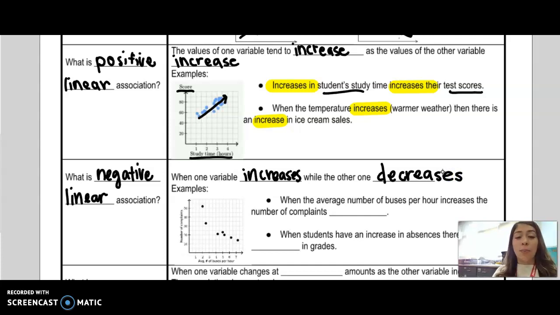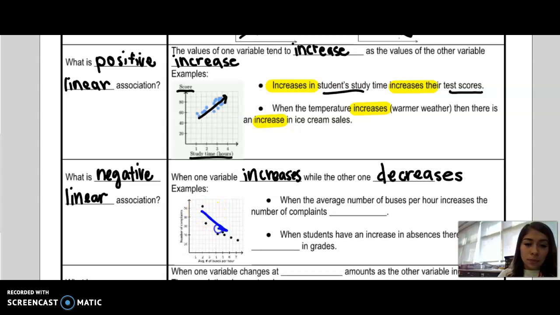So here's an example on the bottom. There's a dot plot, and it looks like the numbers are decreasing. They are going down this way. As the number of buses an hour increases, it looks like the number of complaints is decreasing.